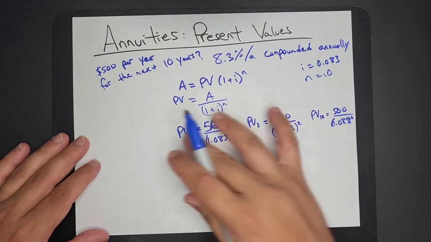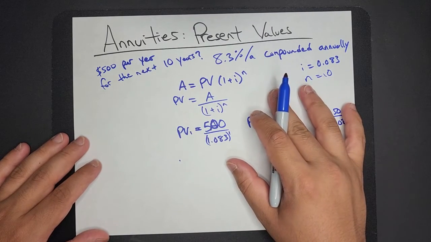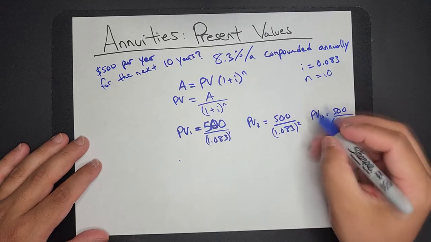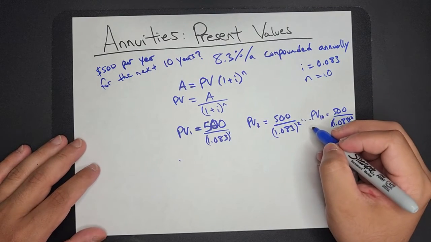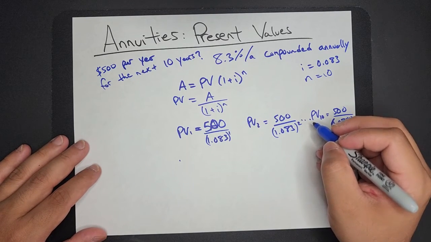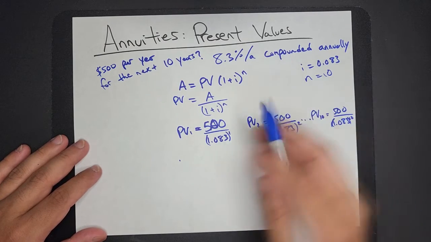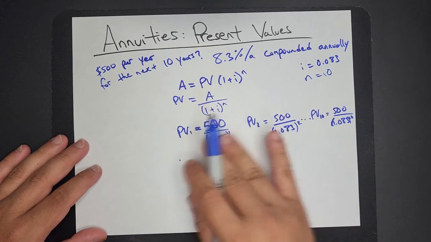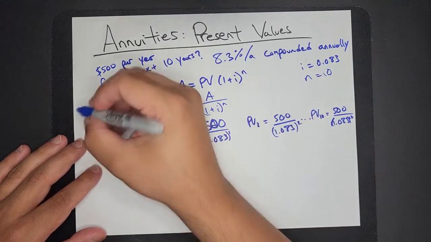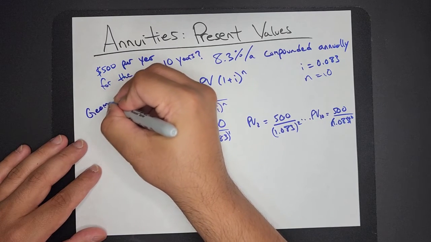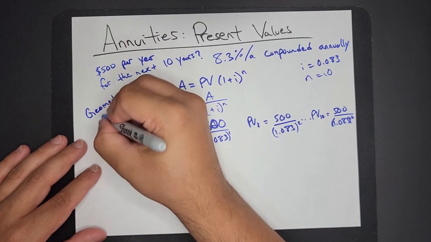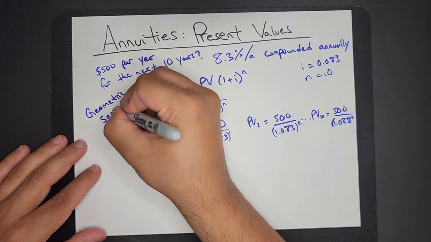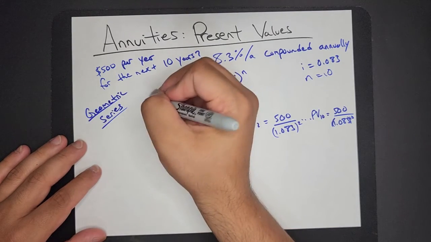If you look at the way I went about this, you can see that I'm basically gearing up to add all these together, which again gives me my geometric series.